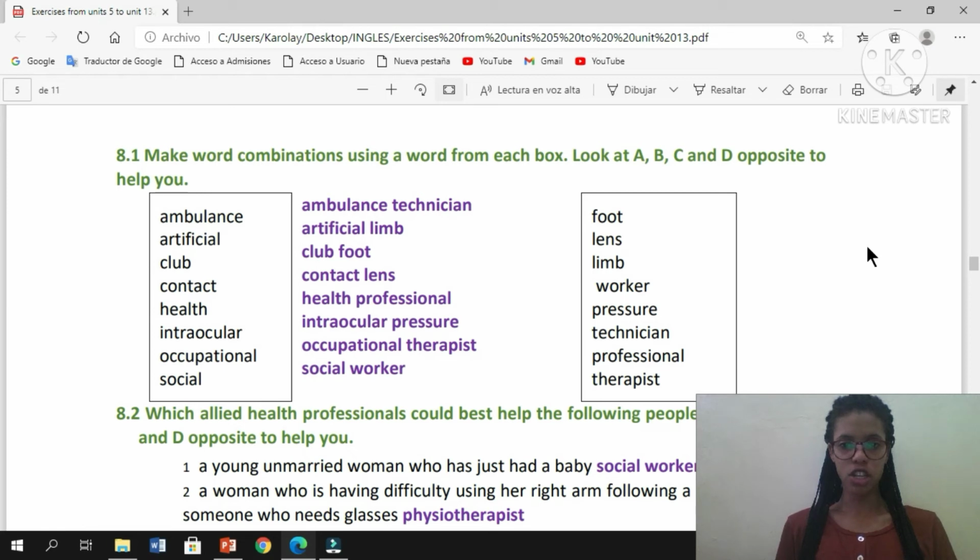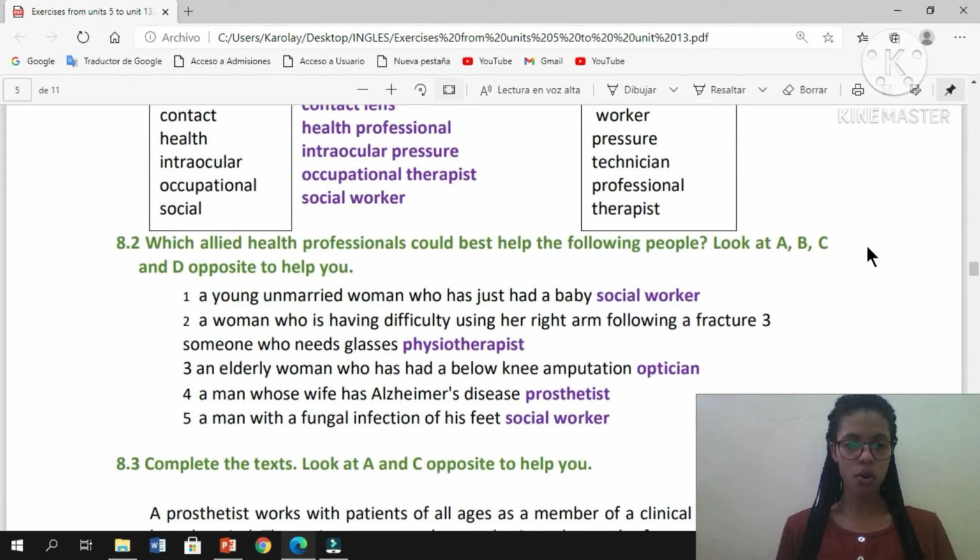Ambulance technician, artificial limb, clubfoot, contact lens, health professional, intraocular pressure, occupational therapist, social worker. Which allied health professional could best help the following people? Look at A, B, C, and the example to help you.